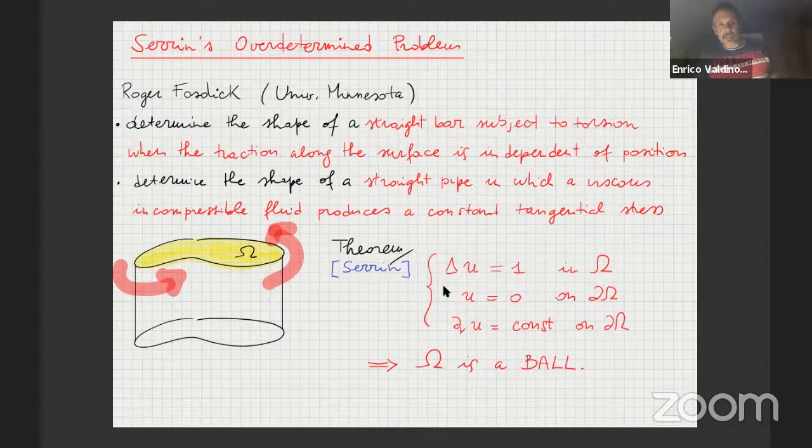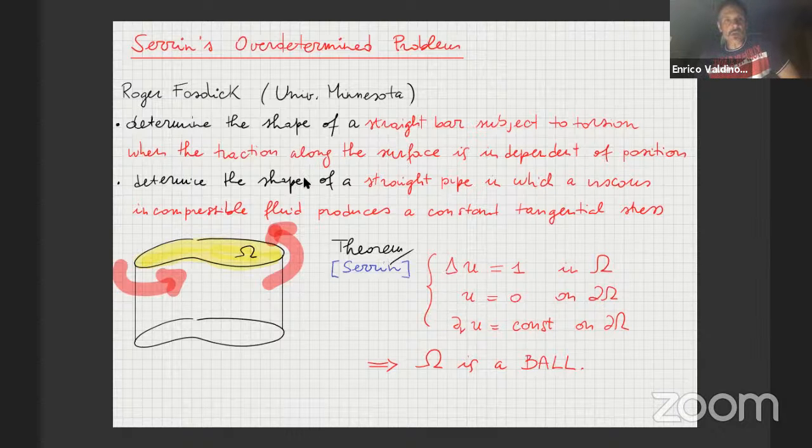Okay, but the problem of Fosdick is somehow more rigid than that, because it says that not only do you have an equation in omega and the Dirichlet boundary condition on the boundary, but you also have an additional condition.